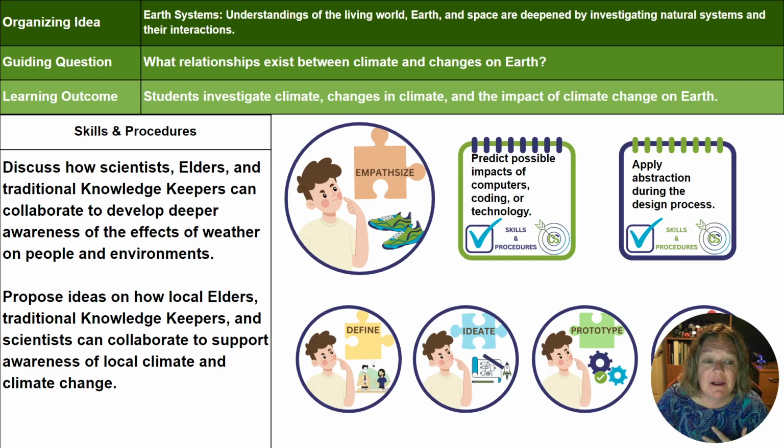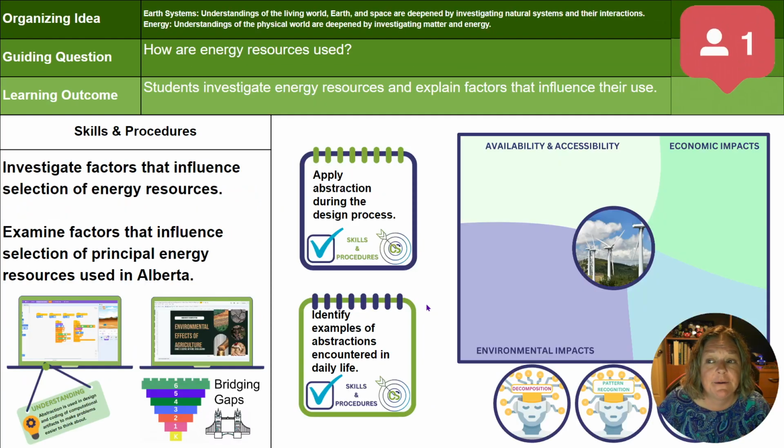And we can apply some abstraction here as we're asking them to get these ideas, come up with your plan, get it down, and now let's put this into something actionable. Let's make step-by-step instructions for this proposal, this plan to help support awareness of local climate change. We've checked off these Earth systems outcomes and then also again brought in a whole bunch of that computer science stuff as well. So the last bit, these last few skills and procedures you probably already know appear in your Earth systems and your energy curriculums.